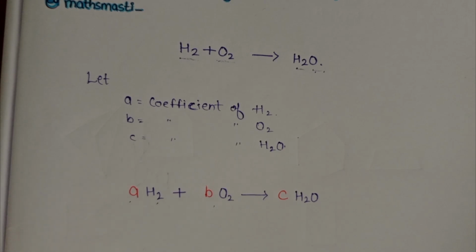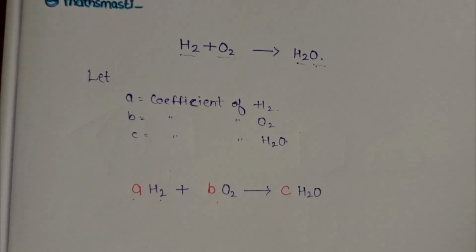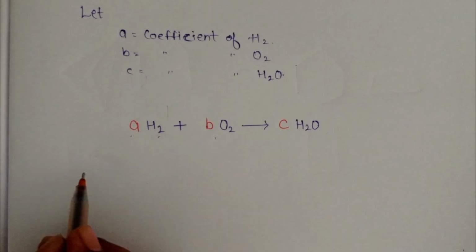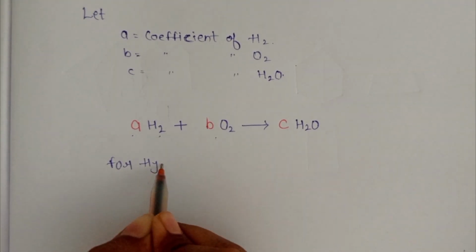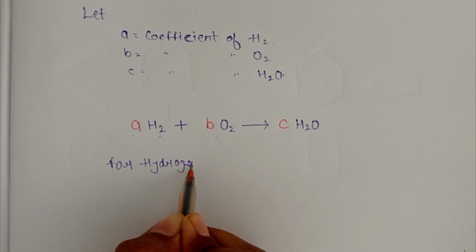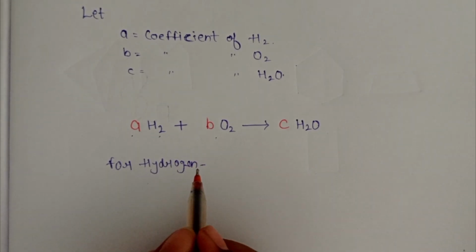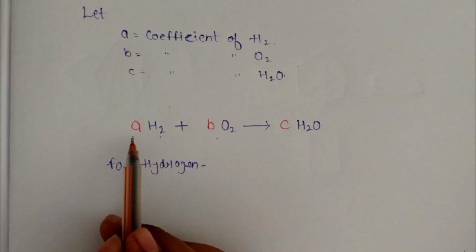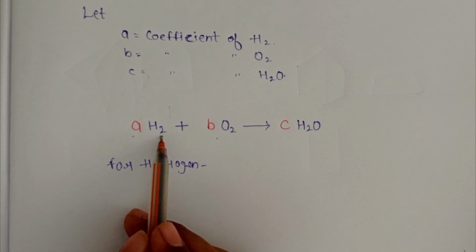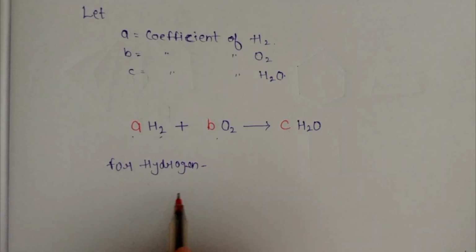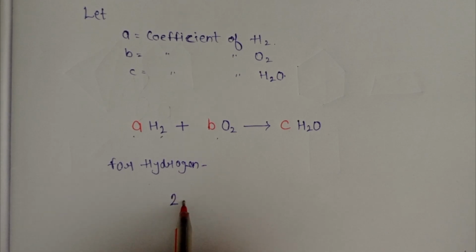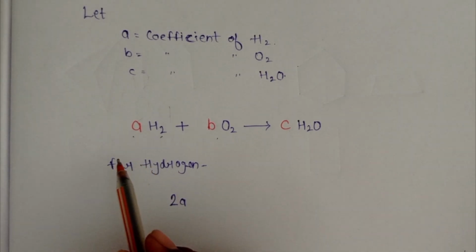Now we write the equation for each element. For hydrogen, we have two atoms of hydrogen and its coefficient is A, so we write it as 2A. It is on our left side, the reactant side.